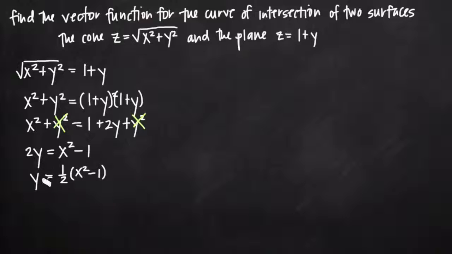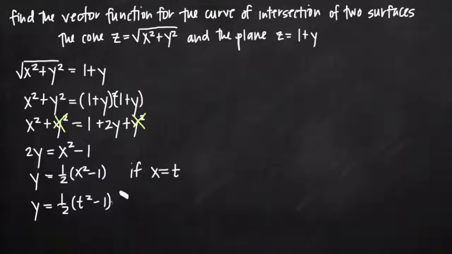Now I have an equation for y in terms of x. This is where I want to introduce my parameter value, and here's why this is going to be convenient. If I call my parameter t and I say x is equal to t, then my new equation for y is y equals 1/2 times quantity t squared minus 1.